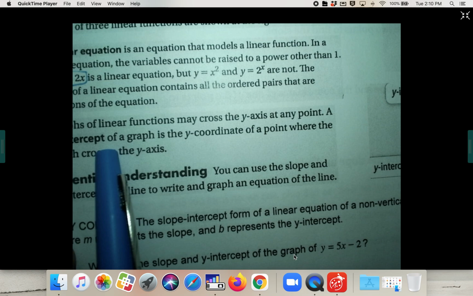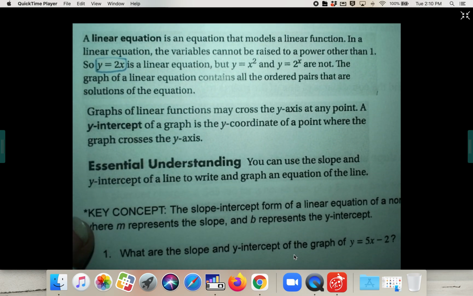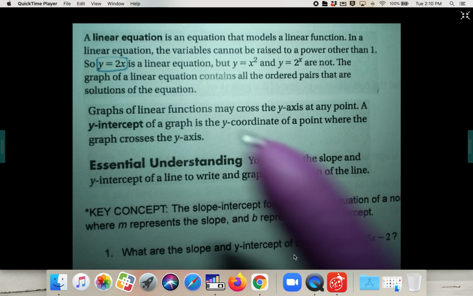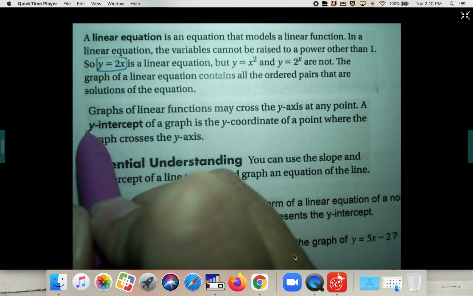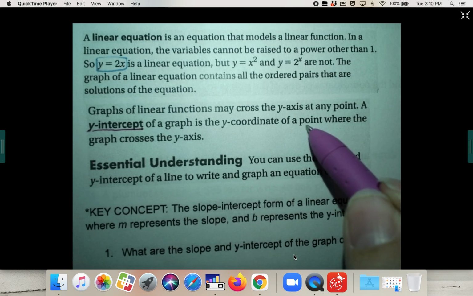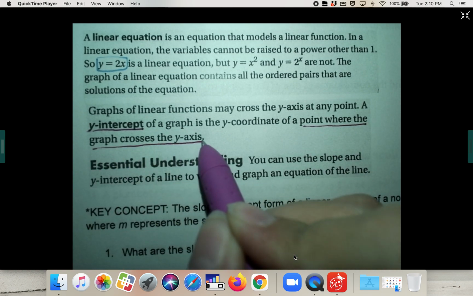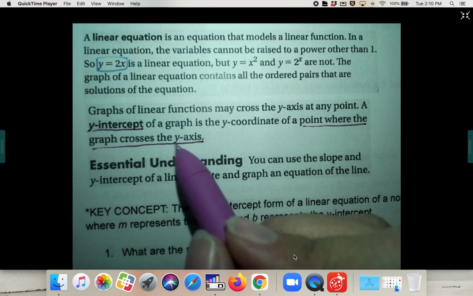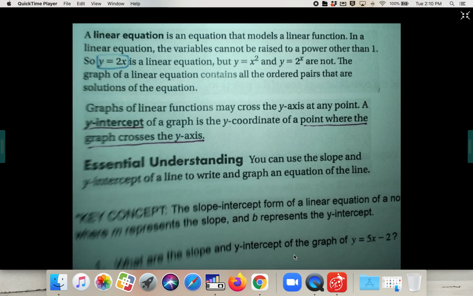All right, and then the last thing I want to point out is the y-intercept. We've kind of talked a little bit about this, barely, but I really want you to know it today. So when I'm talking about the y-intercept of the graph, that is the point where the graph crosses through the y-axis. That's why it's a y-intercept, because it crosses through the y-axis.